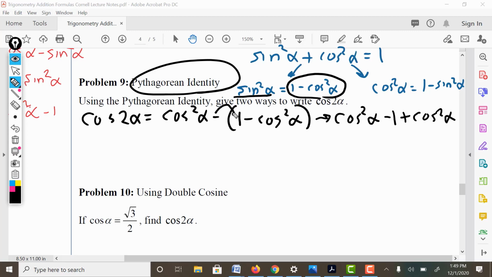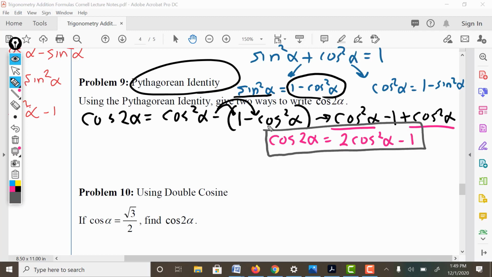You distribute this negative. We can combine these like terms. Those are 2 of them. So I get cosine of 2 alpha is equal to 2 cosine squared alpha minus 1. That's another possible way to represent the cosine double angle formula.